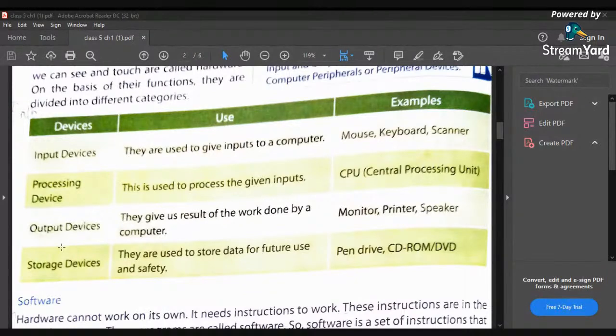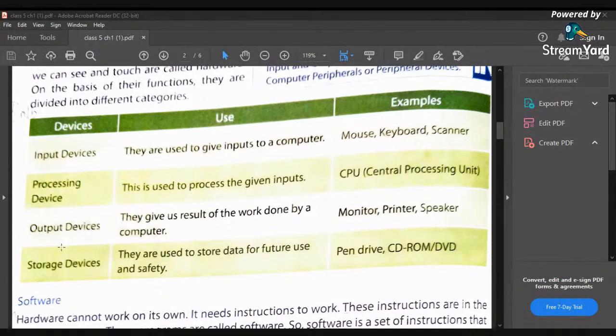Next we discuss storage devices. What are these devices used for? They are used to store data for future use or safety.